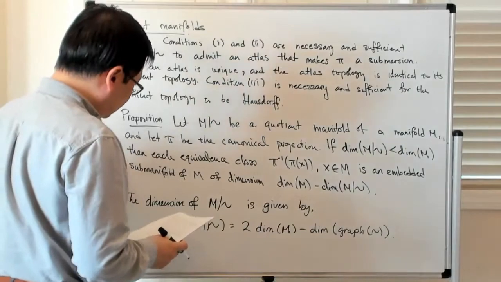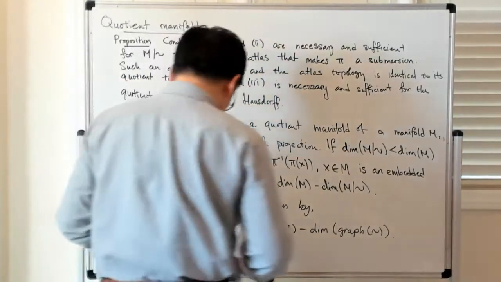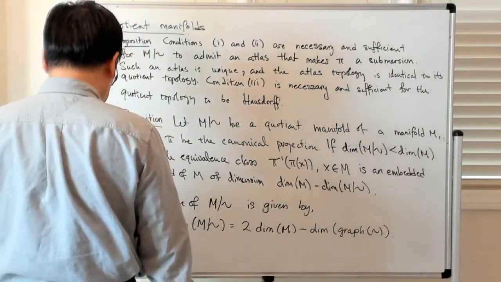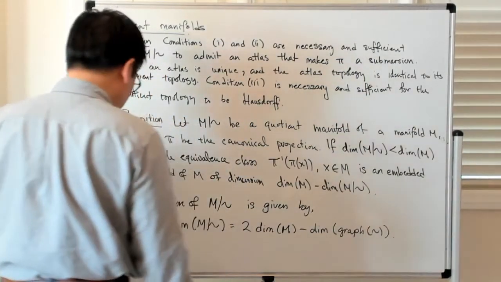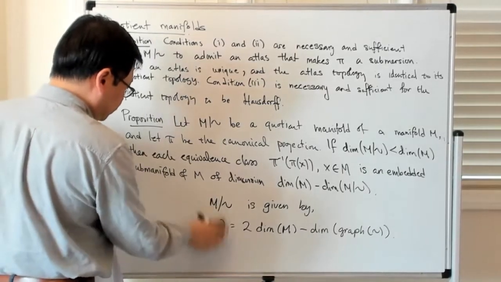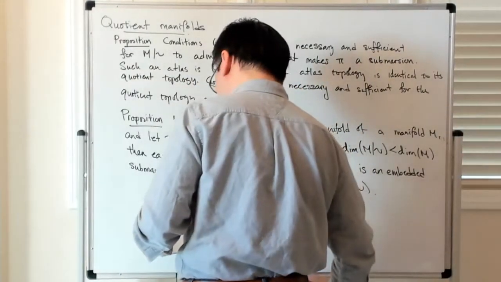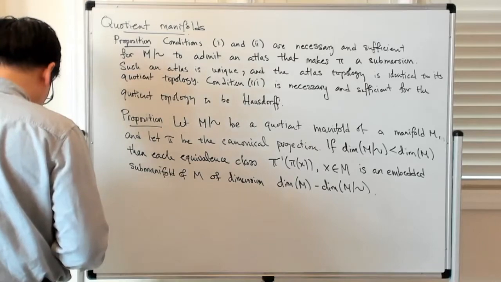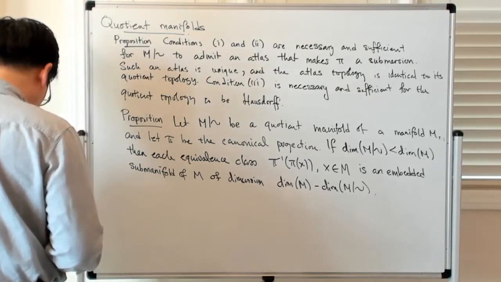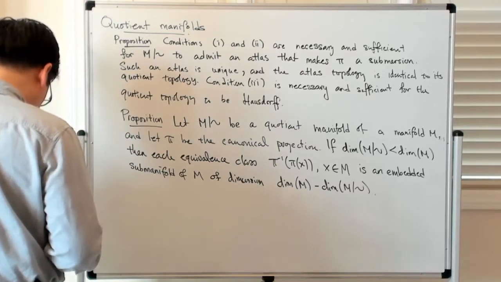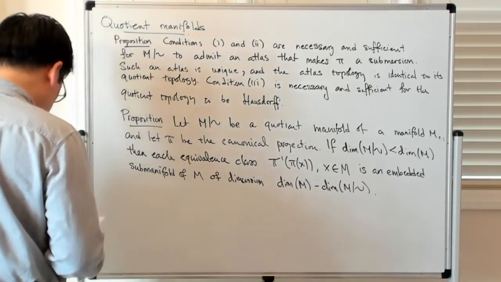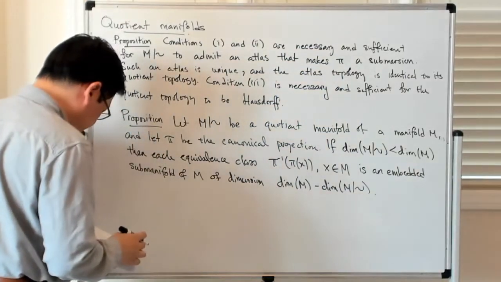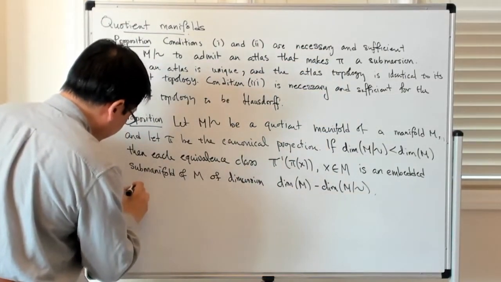In particular, let me say a little bit about the Grassmann manifold, which is perhaps the most important example of a quotient manifold in the case of matrices.